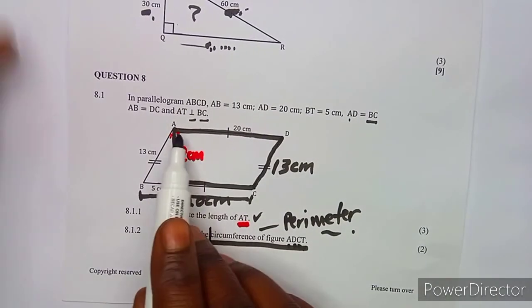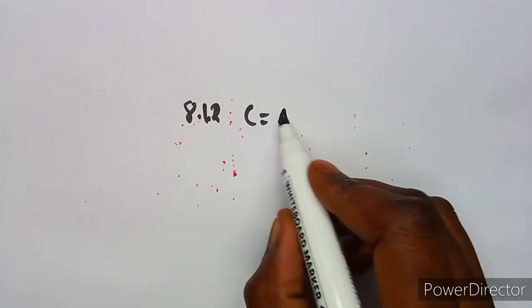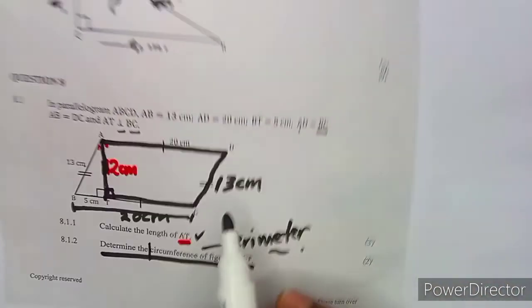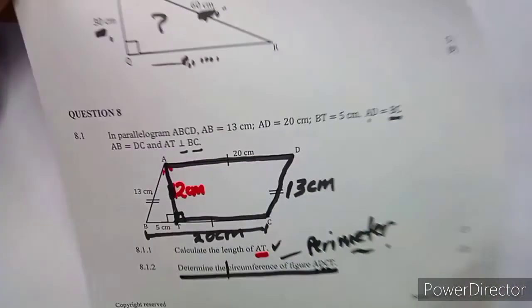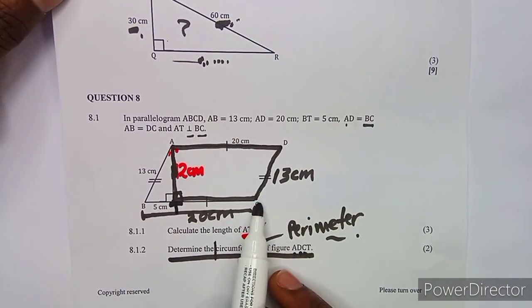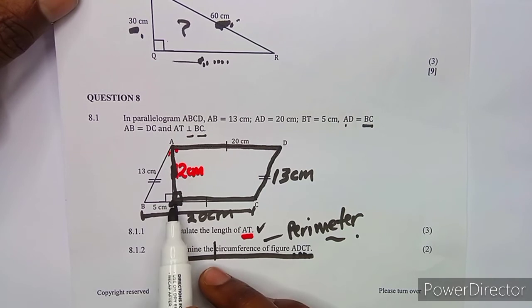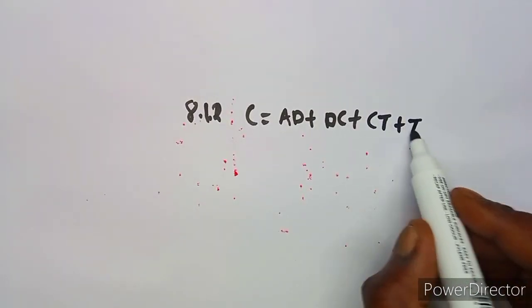So we're going to add AD plus D to C, plus you add this one from C to T. Remember, this is T, so from C to T and T to A.